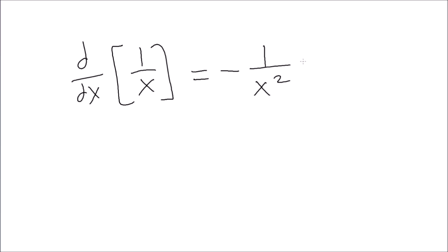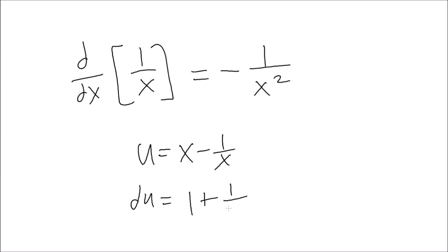You're going to have to use this a lot, especially when you're learning the square-square technique, where you let u equals x minus 1 over x, and you have to understand that your du needs to be 1 plus 1 over x squared.